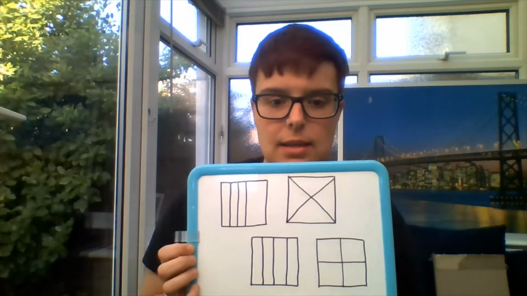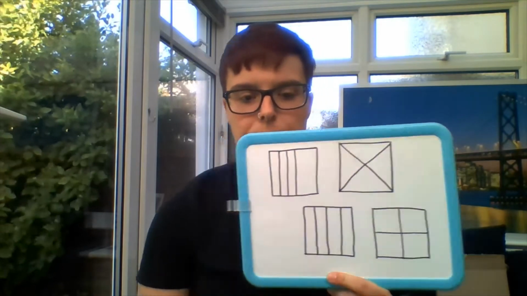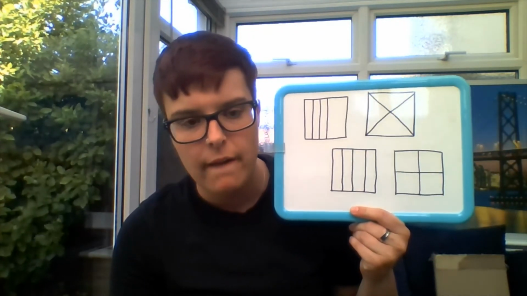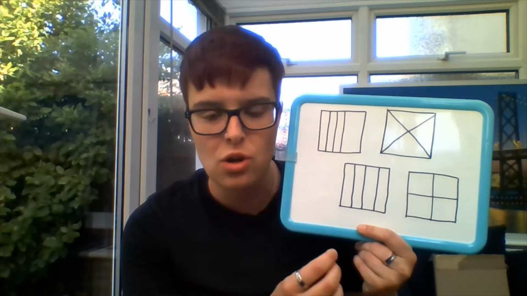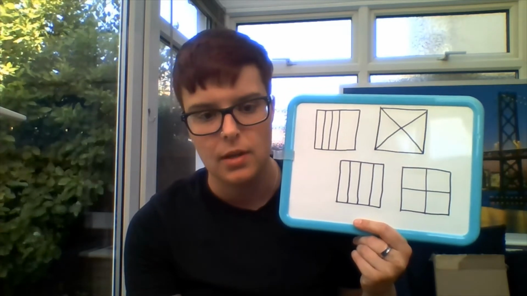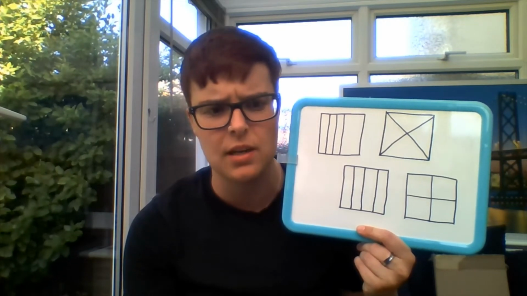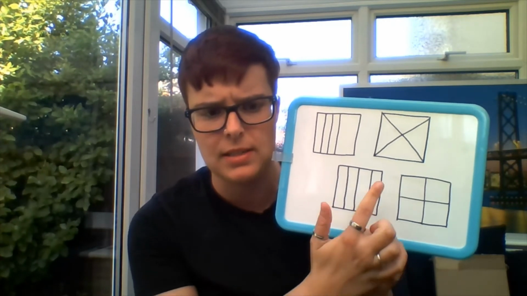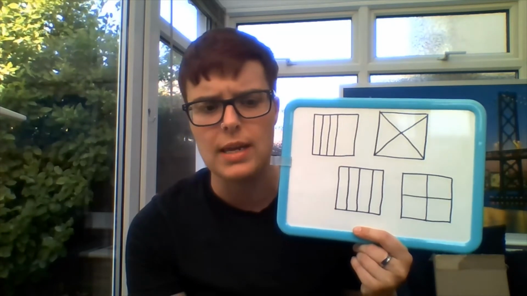So I've got my same whole here, roughly the same size square, and the question would be which of these is not split into equal parts. Children would be able to recognise the square is cut into 4 pieces here, 4 pieces here, 4 pieces here, and 4 pieces here, but one of them's not equal.